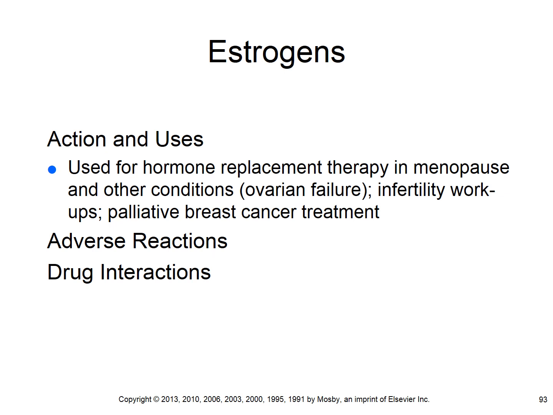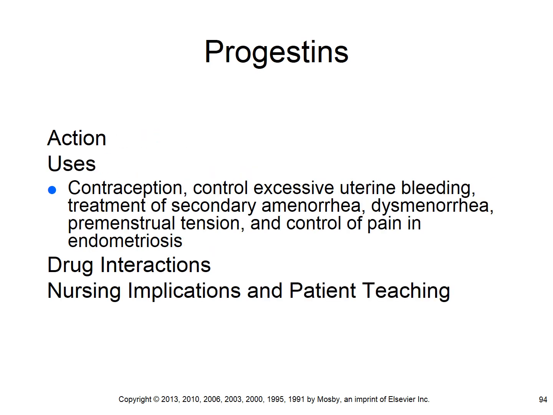And for the adverse effects, make sure you review this and be ready to discuss. Next slide. Progestin is another drug, and it is usually used in combination with estrogen as a birth control contraceptive. All right. Next slide.